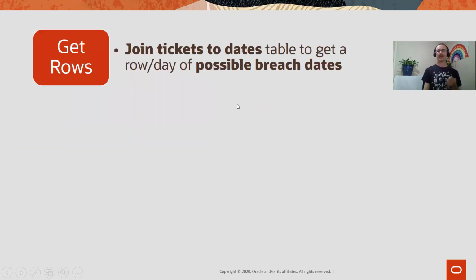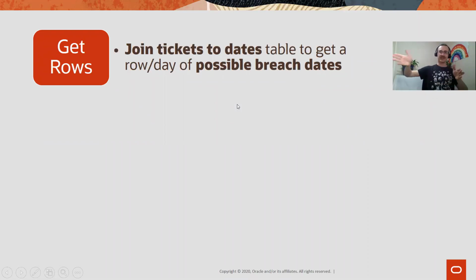First step is we want to generate a set of possible breach dates. So we want to say, starting from the date the ticket was raised, generate a list of possible dates in the future when the ticket might have breached. Because, in the general case, we don't know exactly what that breach date will be.